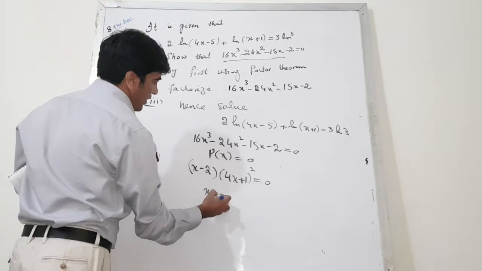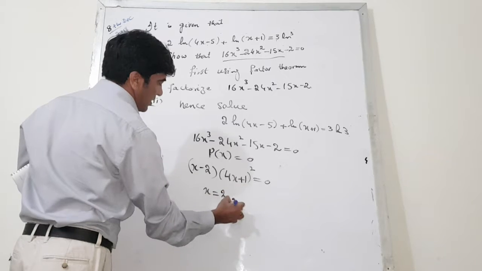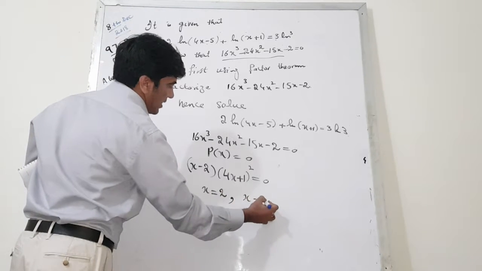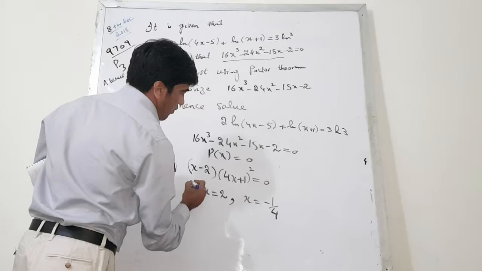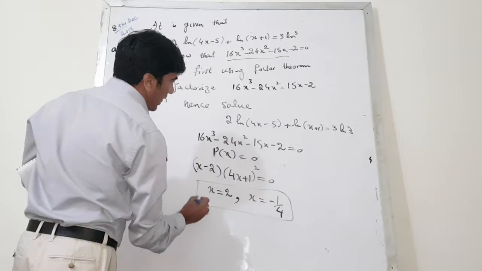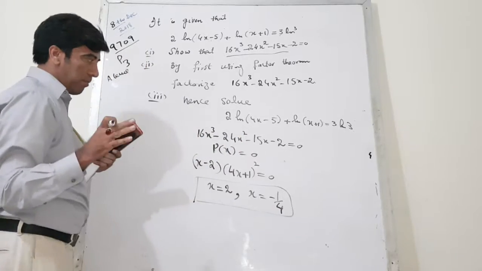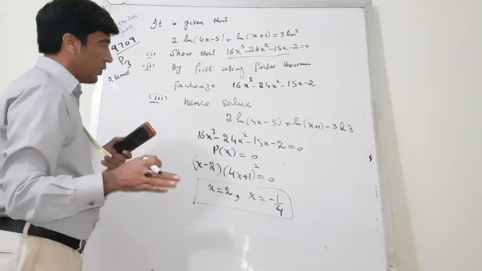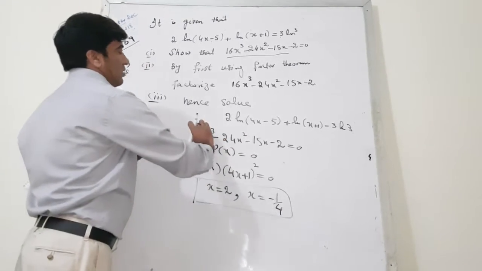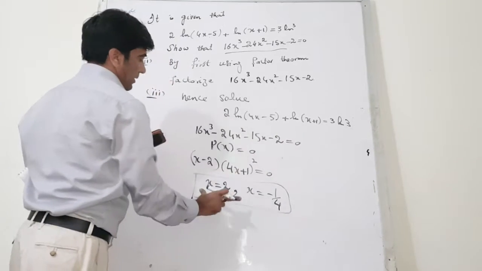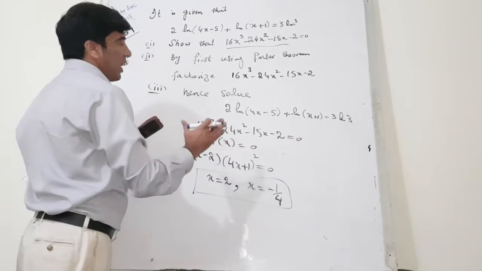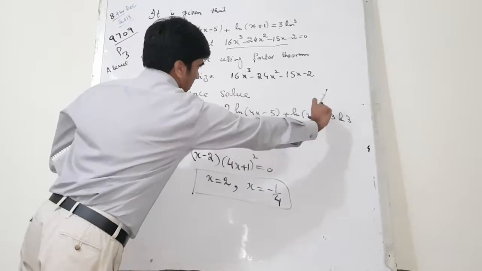Now from here we get two values: x = 2 and x = −1/4. This is the answer of this polynomial. But remember, he is not asking you to find the answer of this equation. Basically, he is asking you to find the answer for the given equation.